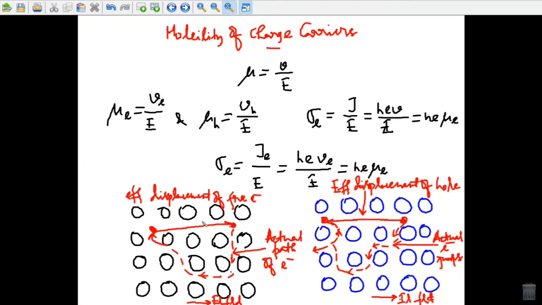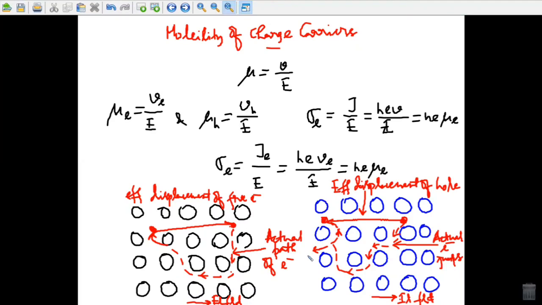This is the direction of the path of the electron, whereas the hole moves along the direction of the field as a result of discrete electron jumps, as indicated in this figure.